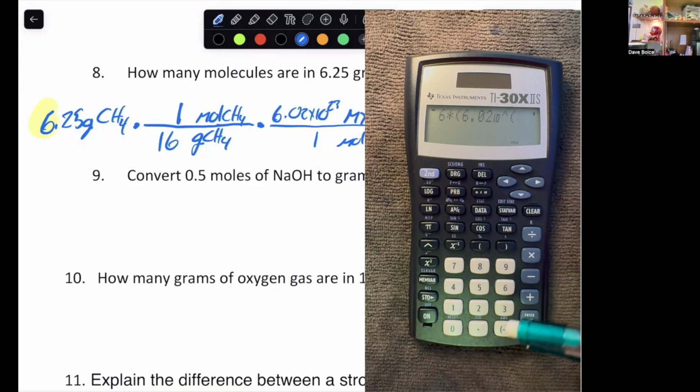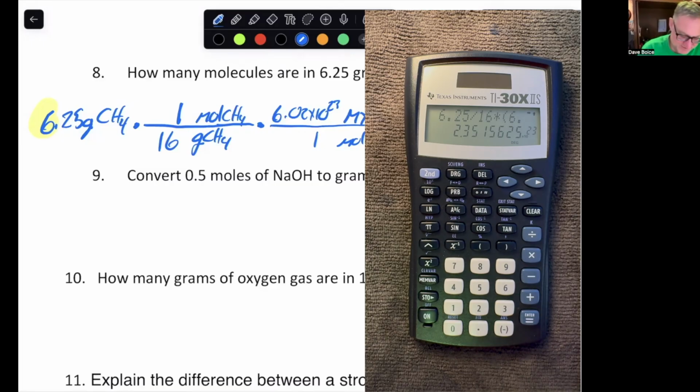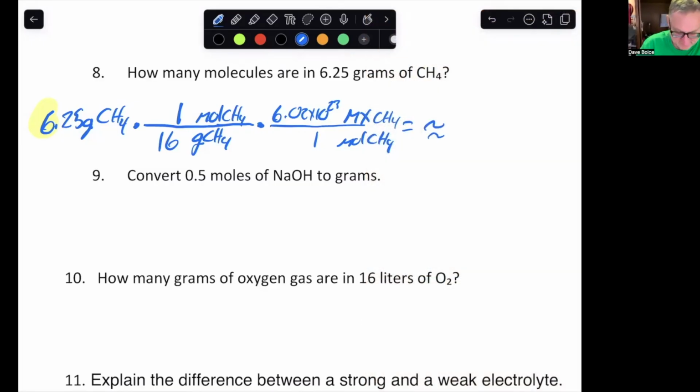That brings up my 10 to the 23, double close, enter, and 2.35 times 10 to the 23rd. And so in here, I'm going to put about 2 point whatever. So I'm going to say about 2 times 10 to the 23rd.